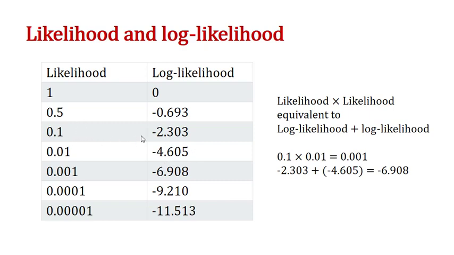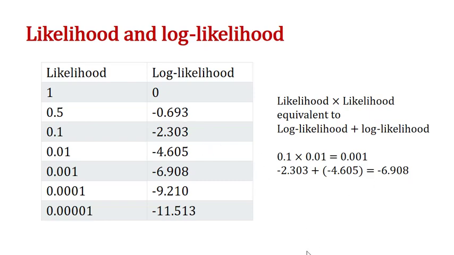Instead of 0.1, we use the log likelihood minus 2.303, and instead of 0.01, we use the log likelihood minus 4.605. Instead of multiplying and obtaining this value, we add those values, and you'll see that we obtain this one. So minus 2.303 plus minus 4.605 equals minus 6.908.